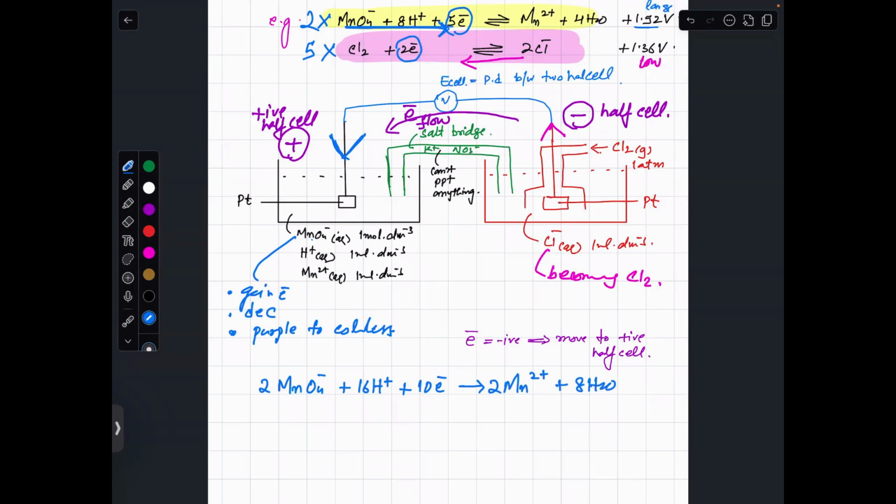And I told you that the E0 volts are not multiplied, because volts is a ratio of joules to coulombs, they remain the same.